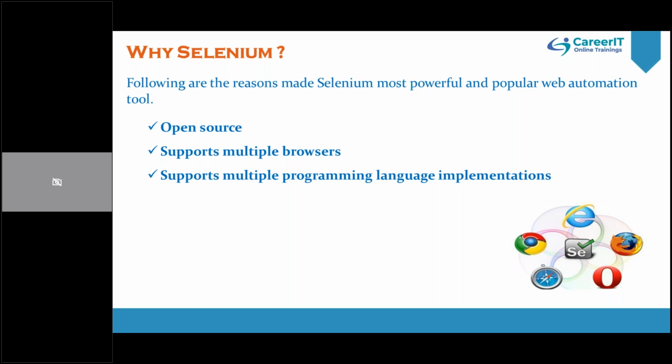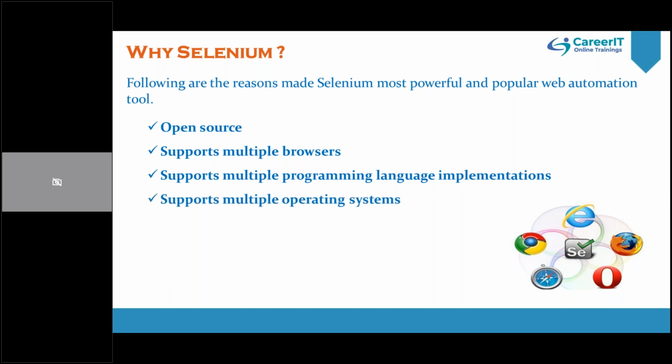It supports Java, Python, Ruby, C Sharp, which is nothing but .NET, and Node.js. If you are good at any one of these, you can use Selenium with that particular language. That's the flexibility given by Selenium. It supports multiple programming languages.